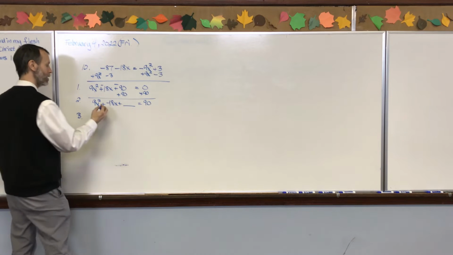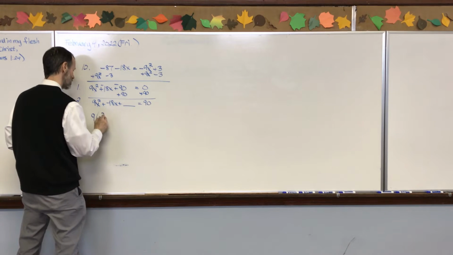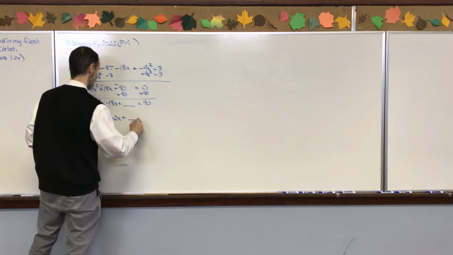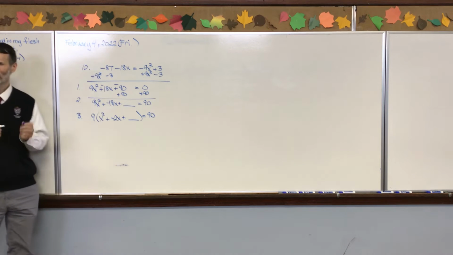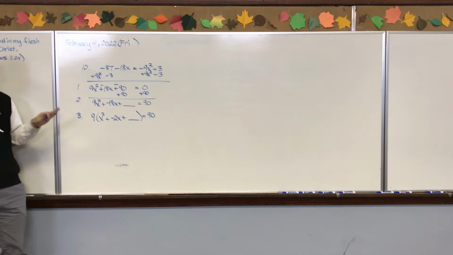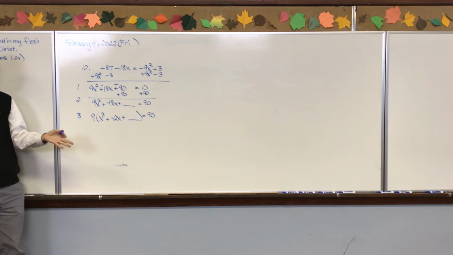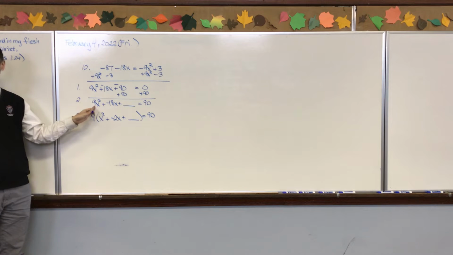So now we pull out a 9. And it's x squared plus negative 2x plus blank equals, and 90 is safe on the other side. Does that make sense? So set it equal to 0, then cancel the c, which is the number at the end, leave a blank, and then undistribute the a, which in this case is 9.